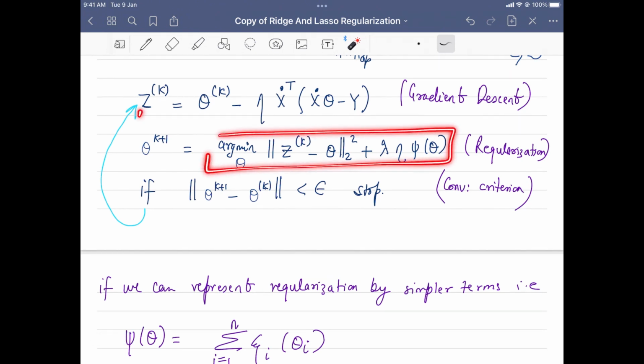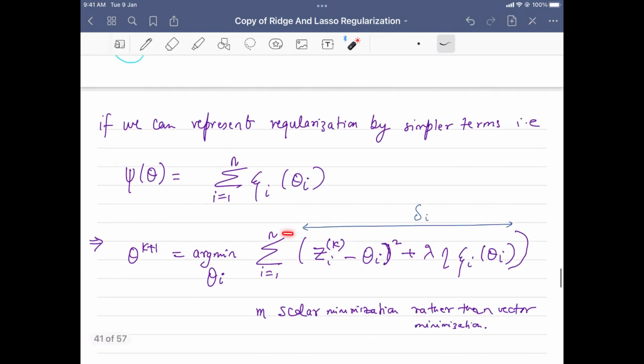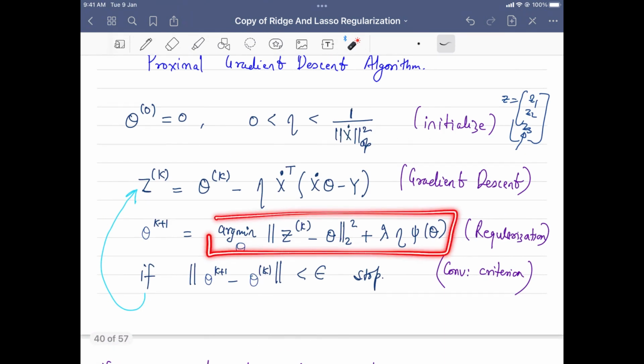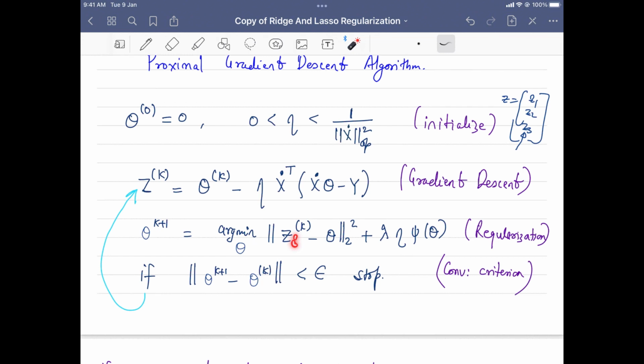This expression is for this expression. So for this I will be writing for all the individual components. If I want to write the individual components of z, it will be z i. For the individual component of theta, it will be theta i. And for the individual components of phi of theta, it will be phi i of theta i.